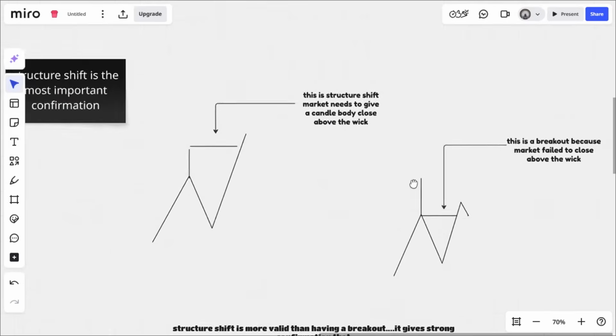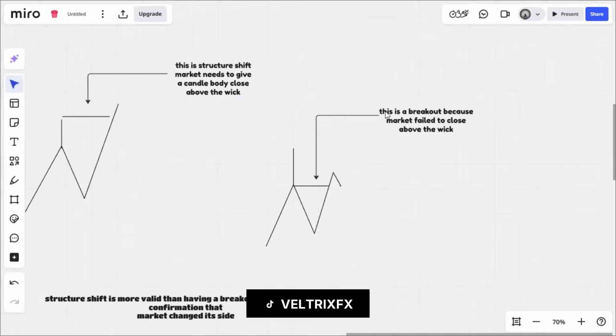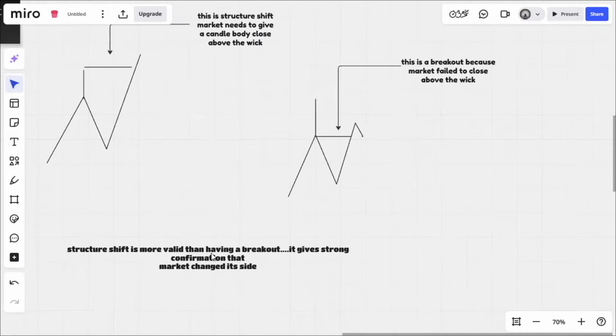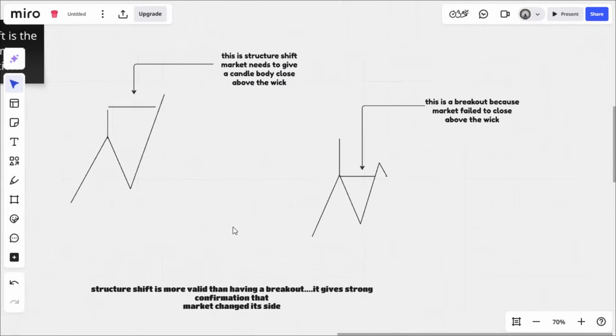So this is a breakout. This is a breakout because the market failed to close above the wick. If the market fails to close above this wick, that's going to be a breakout. I don't trust breakouts actually, because a structure shift is more valid than a breakout. It gives strong confirmation that the market has changed its side.